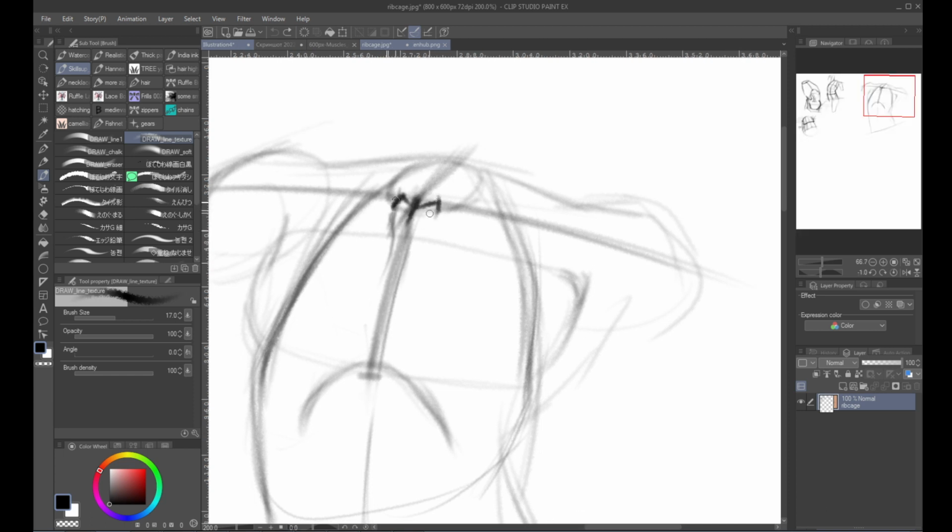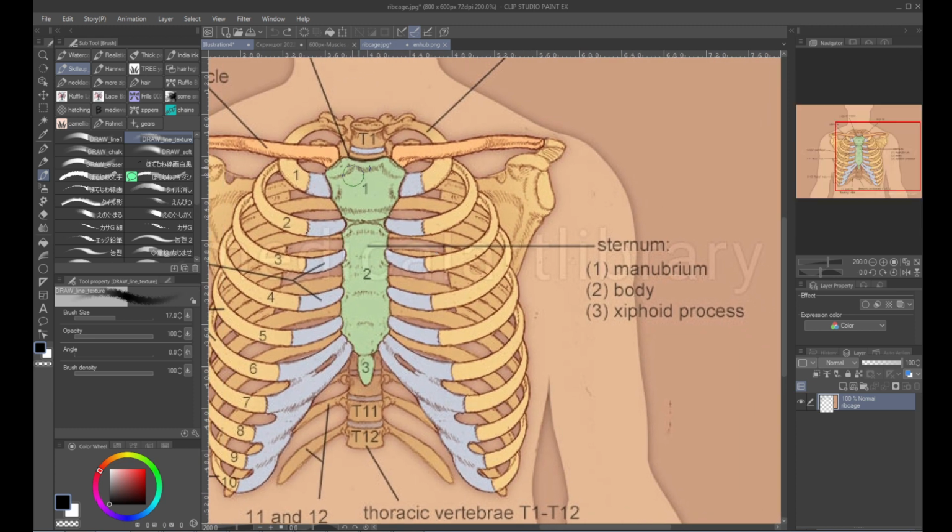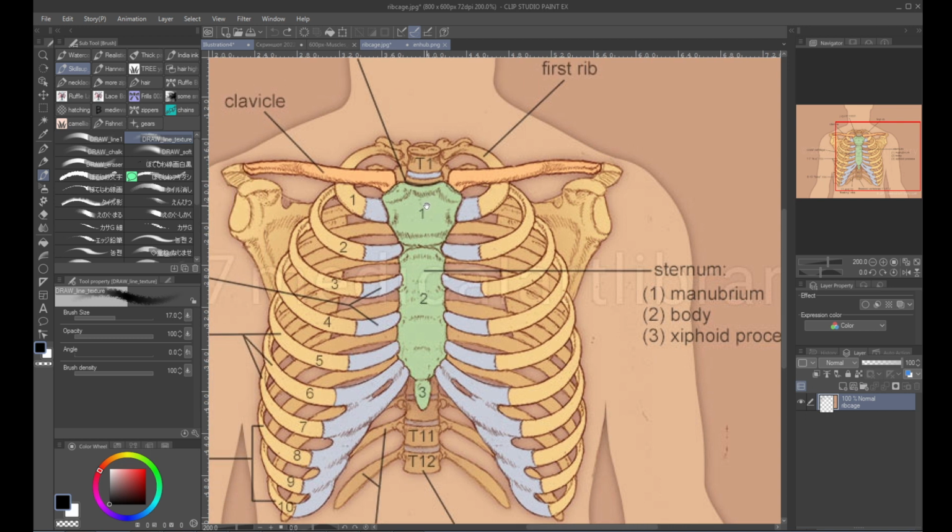So the sternum itself consists of 3 parts. You can see them on the ribcage diagram, right? So we have this flat big part called the manubrium that looks like the head of an insect.